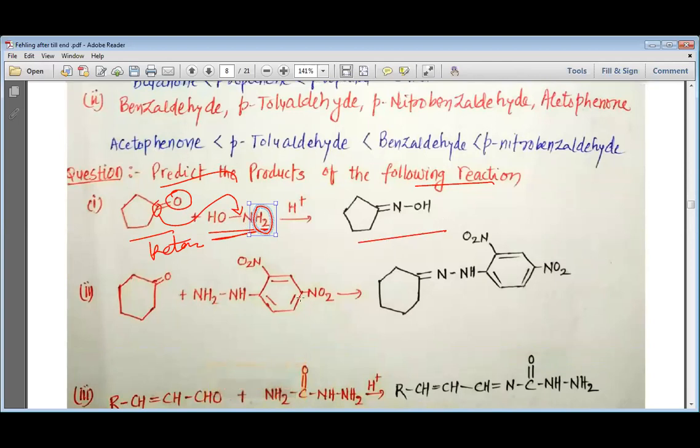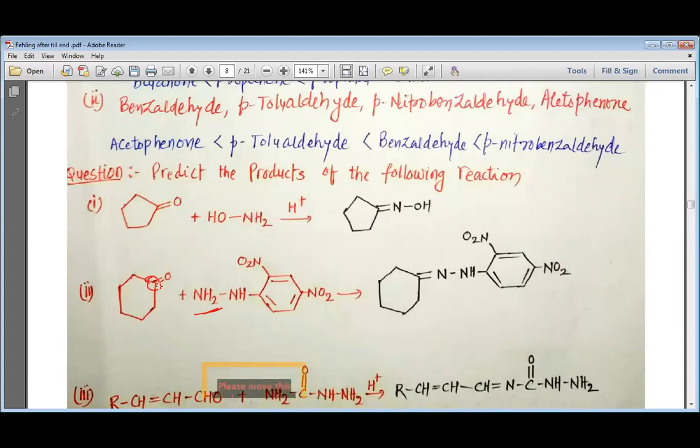Same way, here too this nitrogen is going to combine with this carbon, the two hydrogens present on this nitrogen will be removed, this oxygen will be removed from the carbonyl compound, and then there will be a double bond between this carbon and nitrogen, and this is how we are going to get the final product.